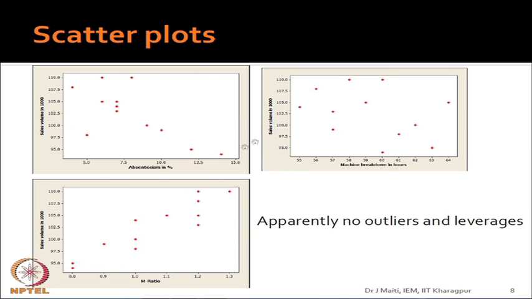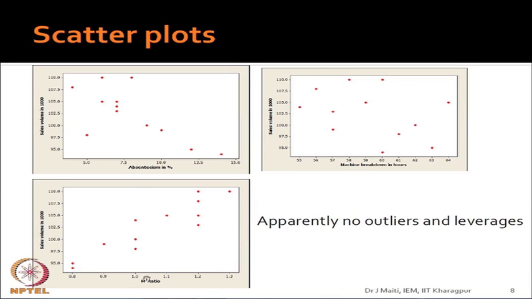Difficult. Even in the first figure, it is not clear whether an outlier is there or not, or what residual is influencing our observations. Second, you see sales volume vis-a-vis machine breakdown in hours. Here it is almost random, no relationship.